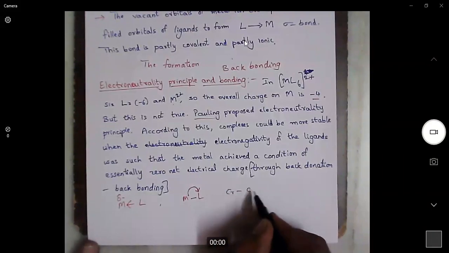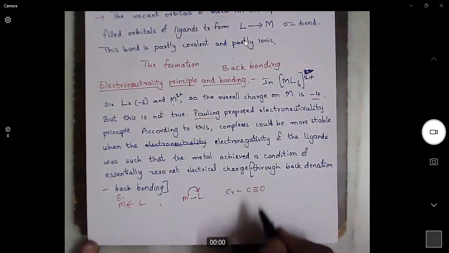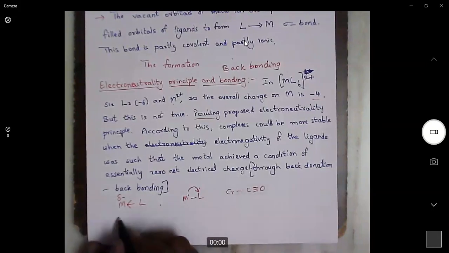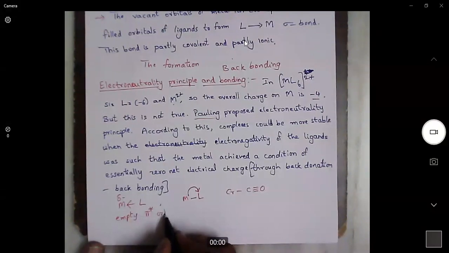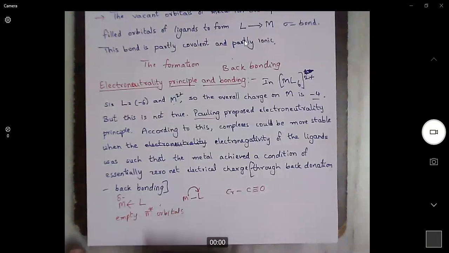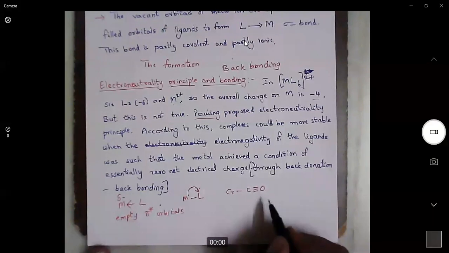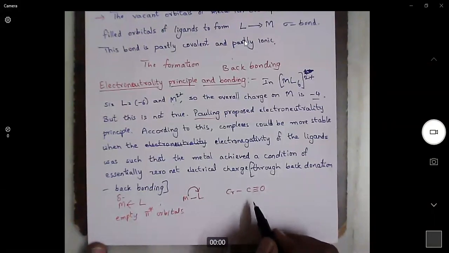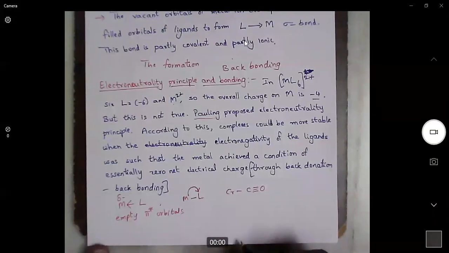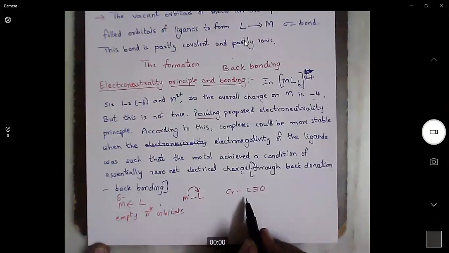Here, mostly ligands with empty pi orbitals, empty pi star orbitals, will easily be involved in back bonding. In this case, see carbon monoxide, which has empty pi star orbitals and easily involves in back bonding. This is a normal bond where carbon monoxide with a negative charge on carbon will form a single bond with the metal.